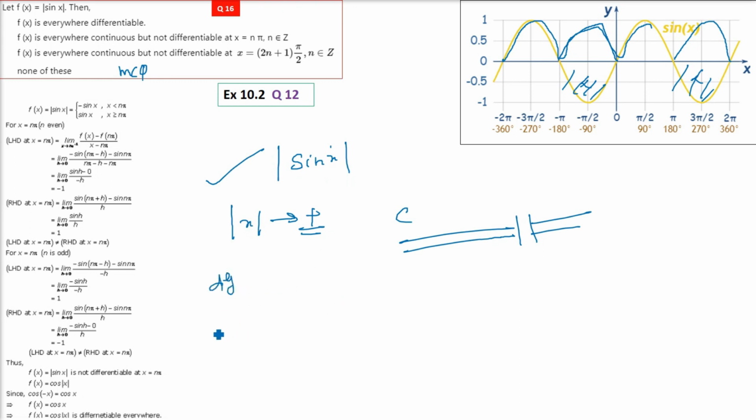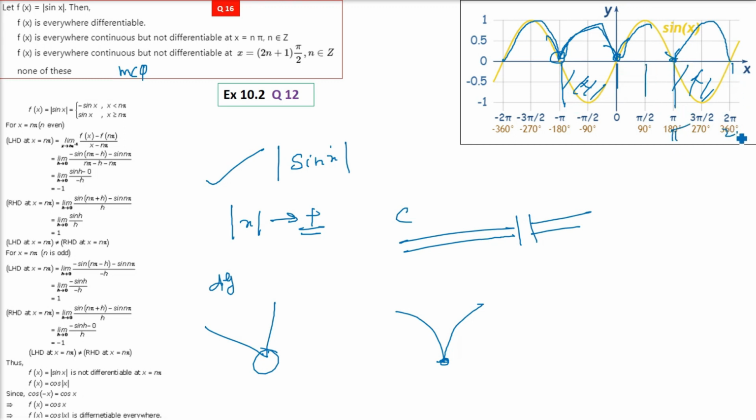How about the differentiability? Differentiability means there should not be any sharp edge or sharp turn. If it is like that, the function will not be differentiable. But here you see at negative pi, at 0, at pi, at 2 pi, we have a very sharp turn, a sharp edge. And a sharp edge simply means non-differentiability.